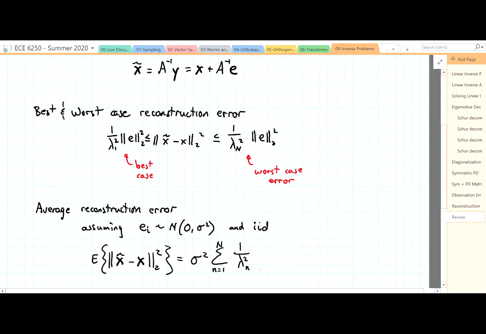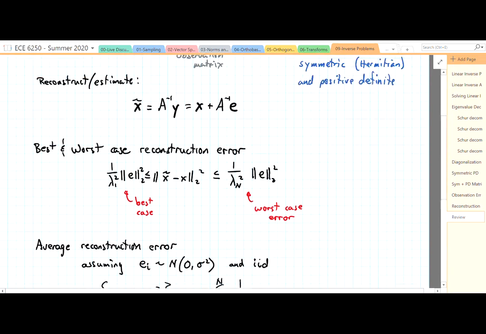So that's the easy case, the case where we actually have a symmetric positive definite A.